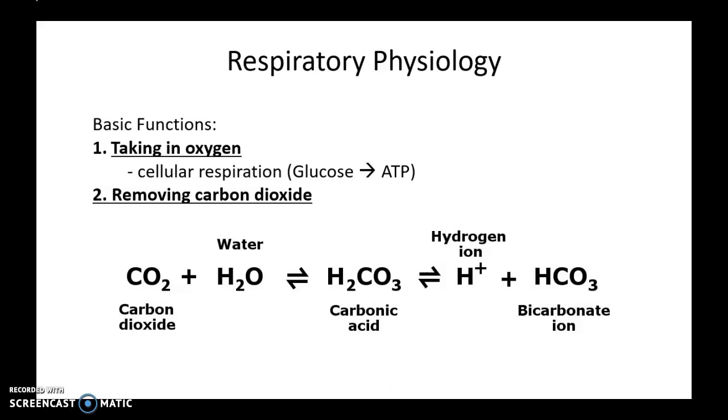Remember, the oxygen that we breathe in is transported through blood and then reaches the body cells. And then this oxygen is important for a process called cellular respiration. During the process of cellular respiration, which takes place within the mitochondria of cells, glucose is broken down to generate ATP.